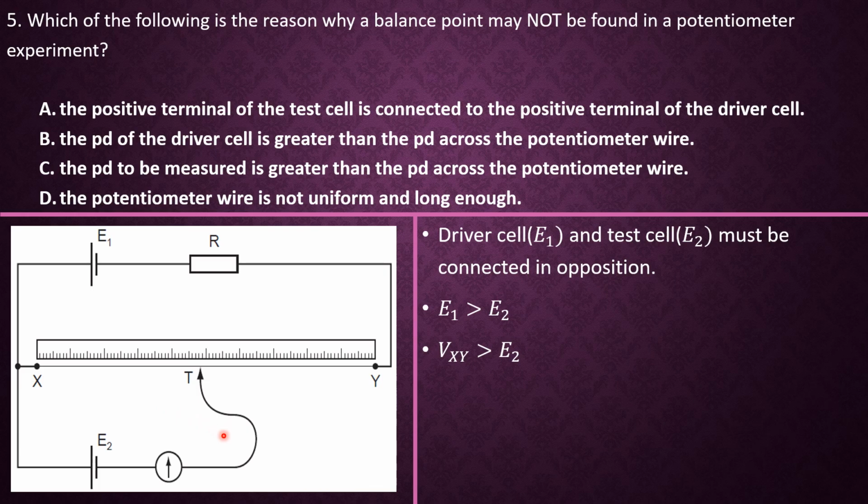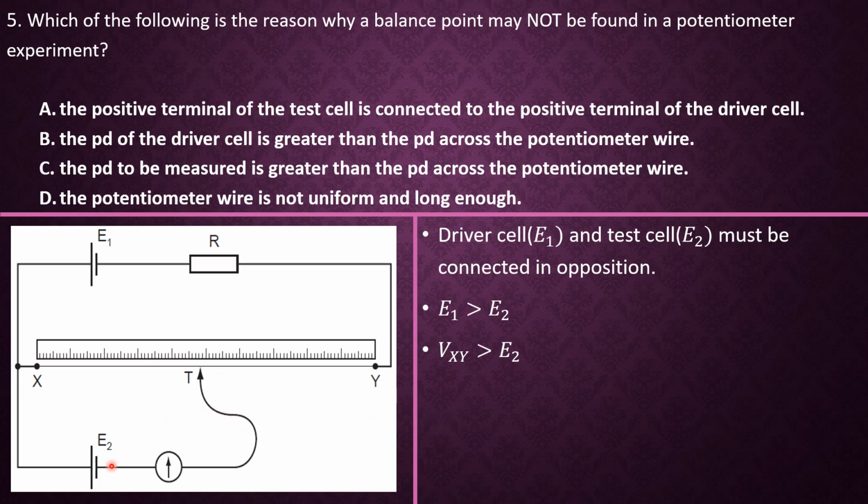And the next thing, if you look at it very critically, you realize that these two are very similar. You notice that Vxy, the PD drop across the entire potentiometer wire, must be greater than E2, because if E2 is bigger than the PD dropped across this entire potentiometer wire, you're never going to find a balance point.